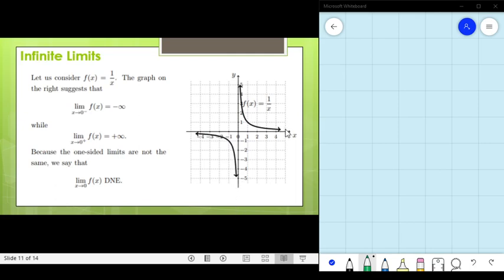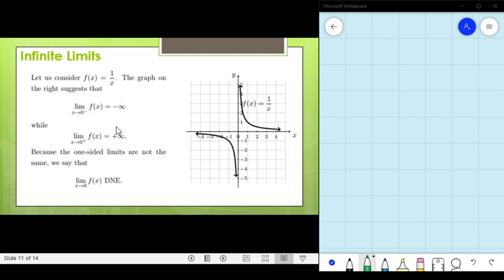And from the right pod of 0, ang imong value sa y is approaching to positive infinity.